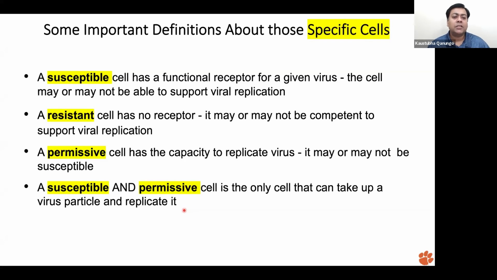So the best type of cell is one that is susceptible and permissive. Susceptible means the cell allows the virus to enter by the receptor. Permissive means the cell allows the virus to grow, so it takes up a virus particle and replicates it.